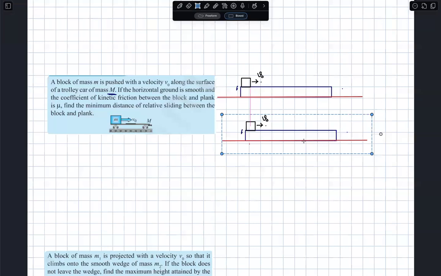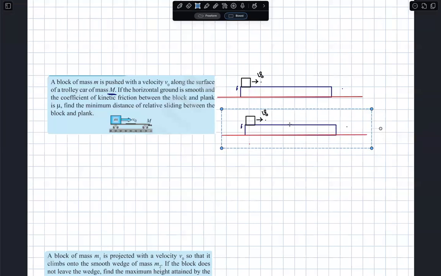Now, please try to understand in this situation. Initially, the lower part is at rest. Fortunately, I have one facility: this part is smooth. That is a really big advantage for me.